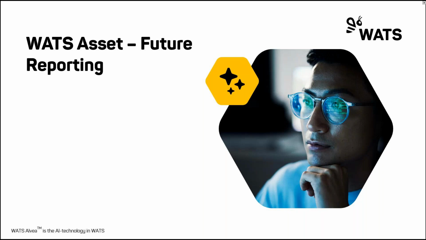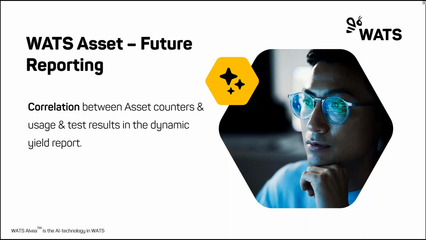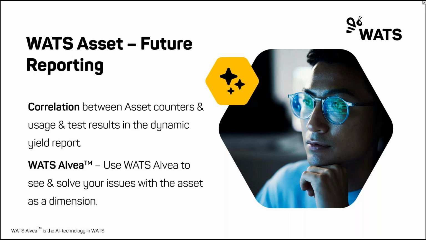The future of asset reporting in WATS, well, first and foremost, it will be correlations between the asset counters and the usage and the results coming from your measurements. This is a feature that we're looking forward to presenting, and it is in the backlog. And next up will be using WATS Alva to see and solve issues with assets as a dimension.